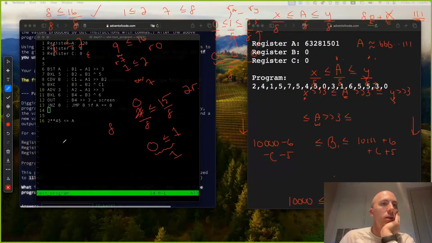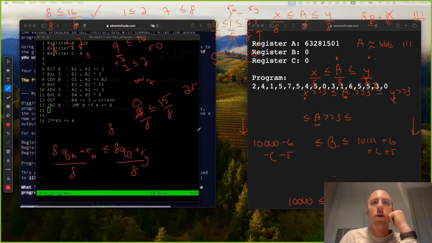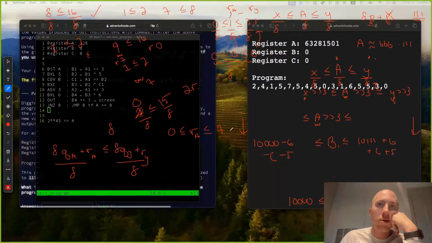So could we write it like that? Would that be helpful? Like if we did 8 times QA plus the remainder of A is less than or equal to 8 times QY plus the remainder of Y. If we do that, then we divide both of these by 8, where the remainder of A is between 0 and 7.